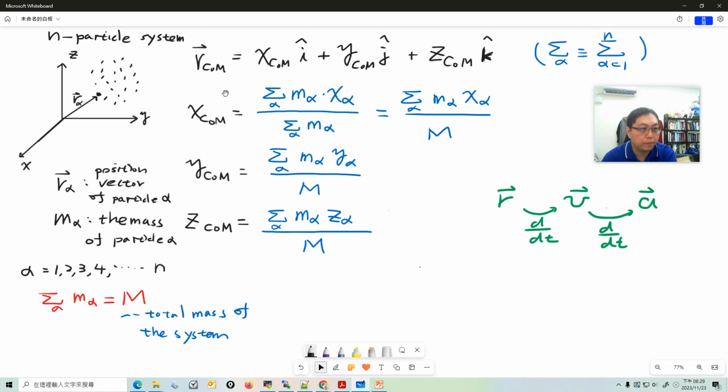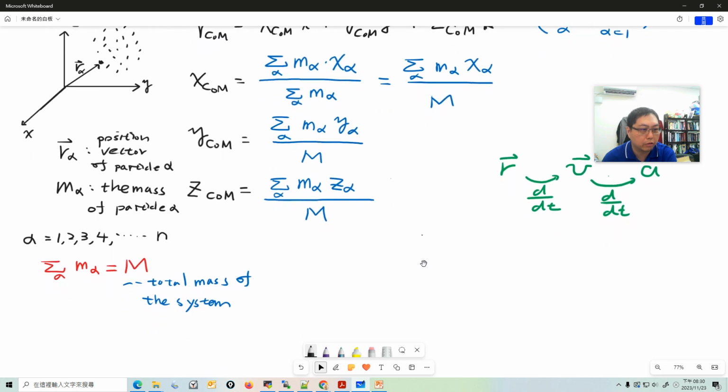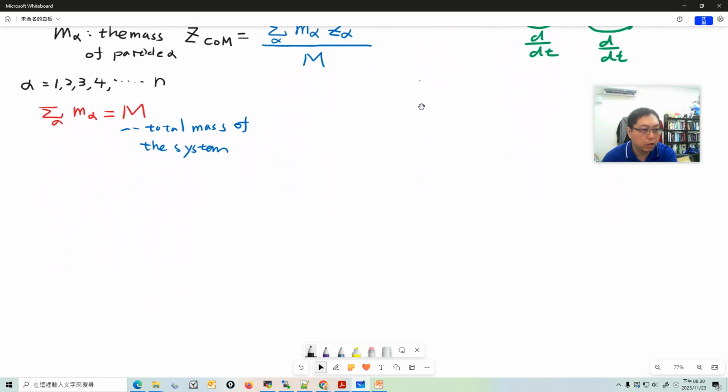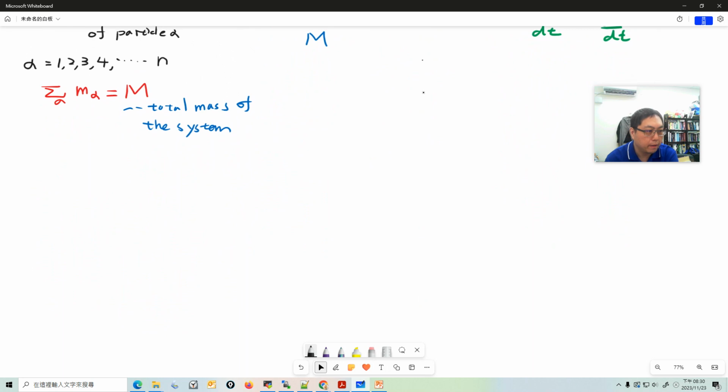Here is the position vector of the center of mass: R_COM is equal to 1 over capital M times the summation over alpha of m_alpha r_alpha.